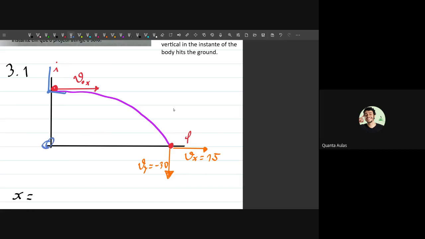This is not the referential, this is only the ground. The point 0, 0 is here. So here we have 0, and our velocity is 15t. More simplified, this is our equation x.